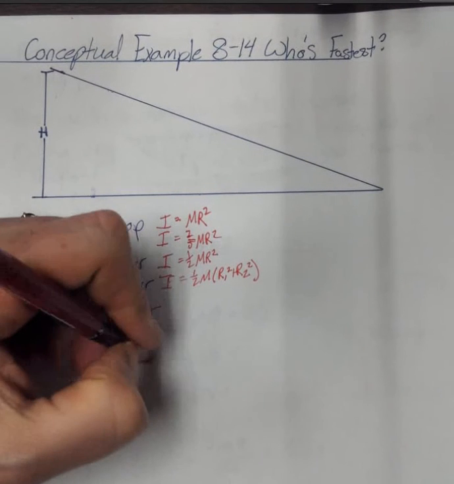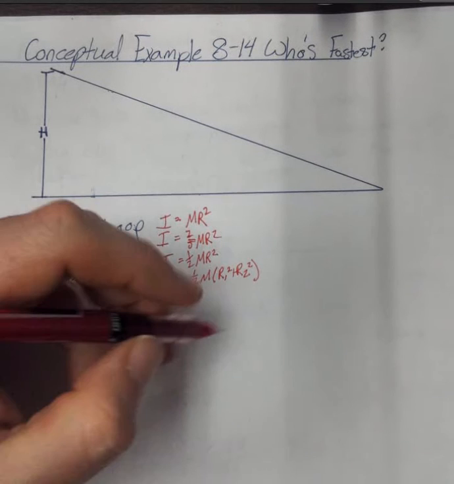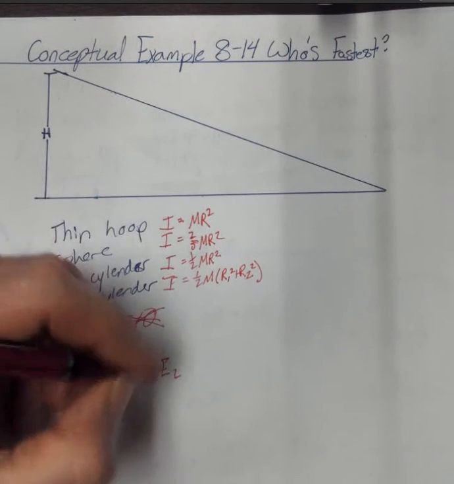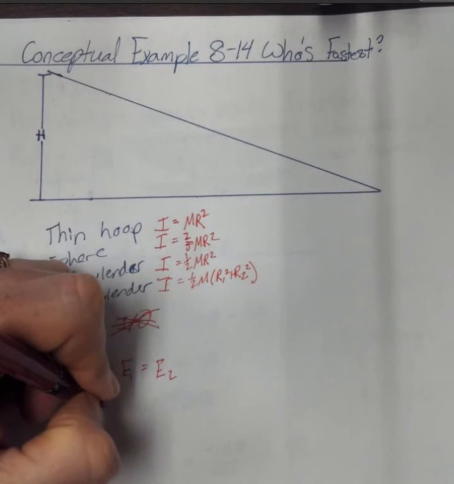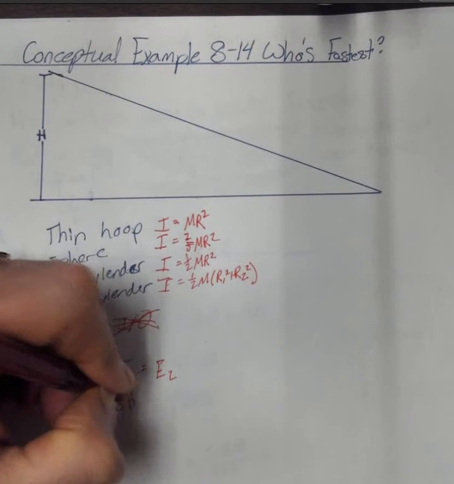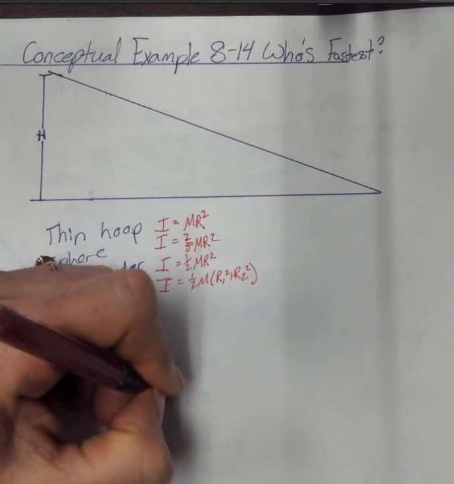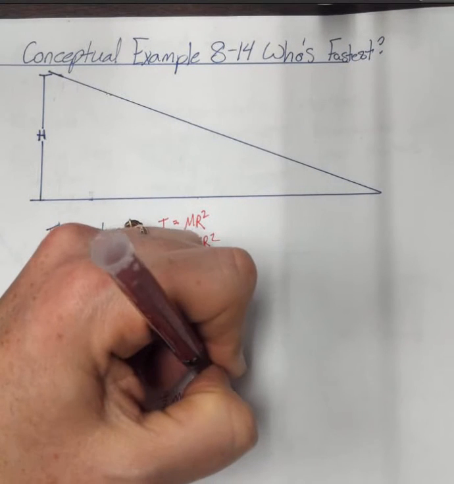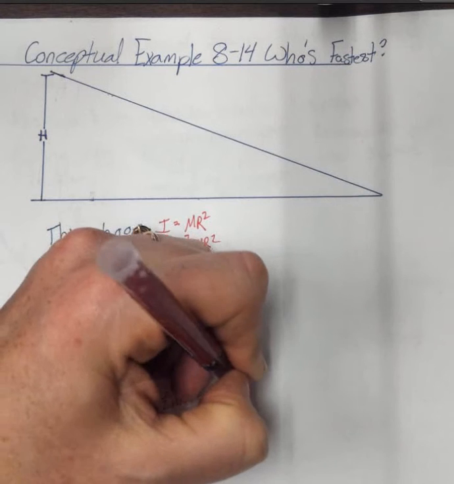if it's frictionless or kinetic frictionless, then E1 equals E2, conservation of mechanical energy. At the beginning, it's just for all of them mgh, and that will equal 1/2 mv squared plus 1/2 I omega squared.